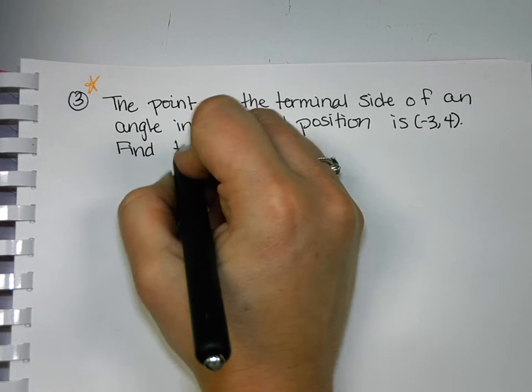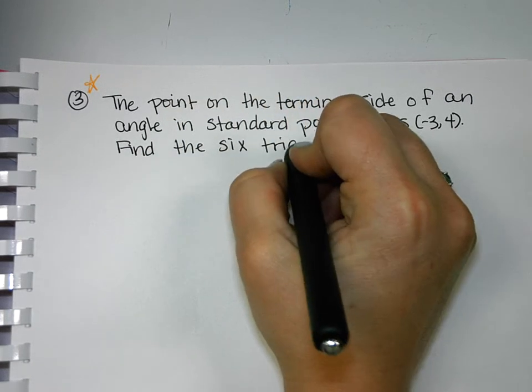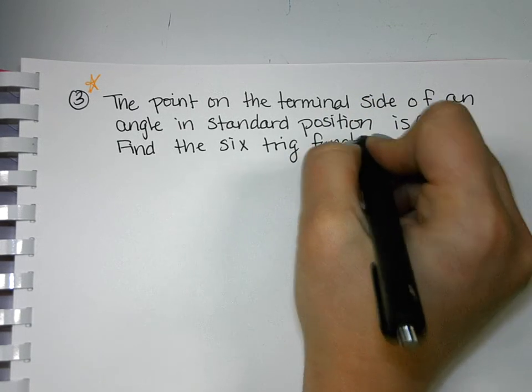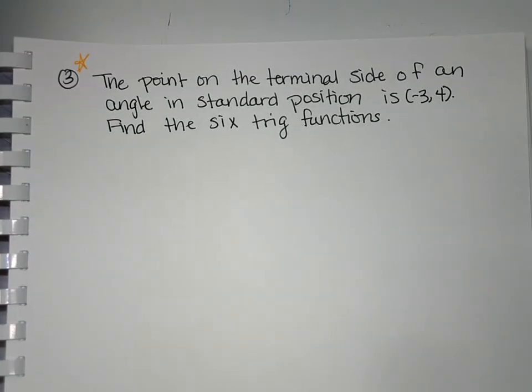Find the 6 trig functions. So here it's giving it to us in terms of where it is on a coordinate graph.